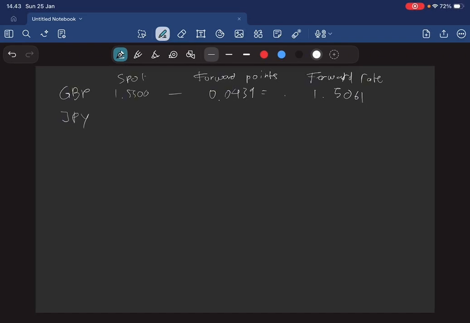Let's say we have another example like the Japanese yen. The spot is 143.14 and the forward point is 20.87, giving 122.2713. The Australian dollar, let's say the spot is 0.5575, the forward point 0.0008, giving 0.5527.